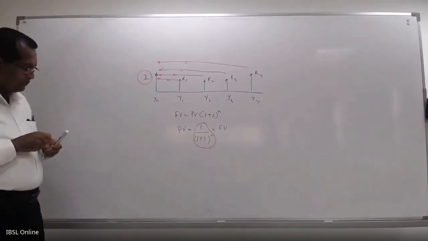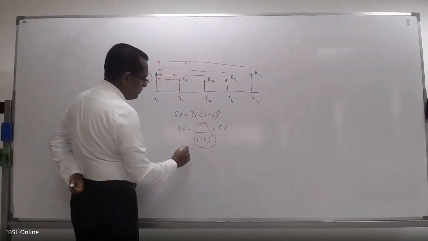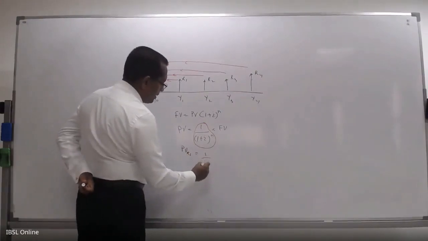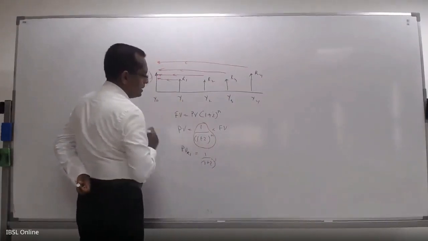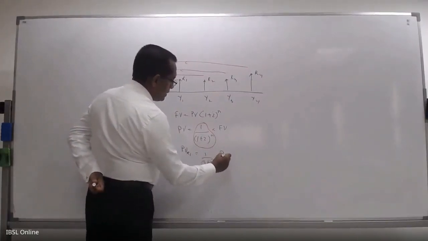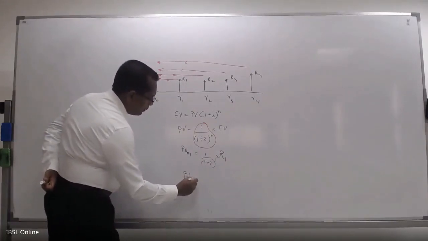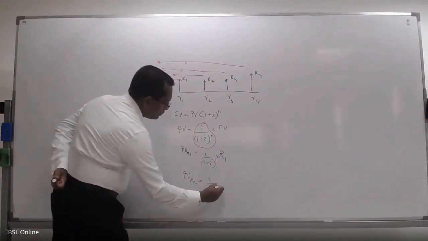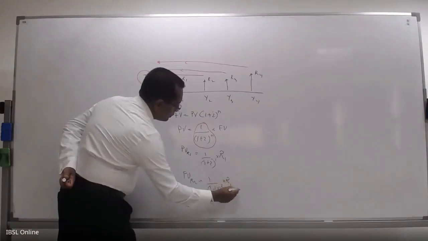So present value of R1 equals 1 divided by (1 plus i) to the power 1, first year, times R1. Present value of R2, second year, is 1 divided by (1 plus i) to the power 2, times R2, right?